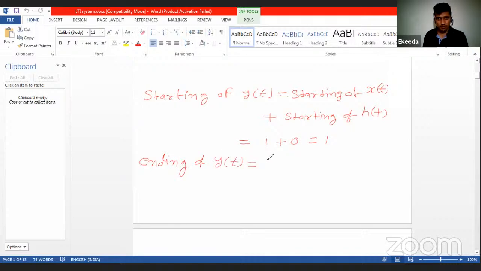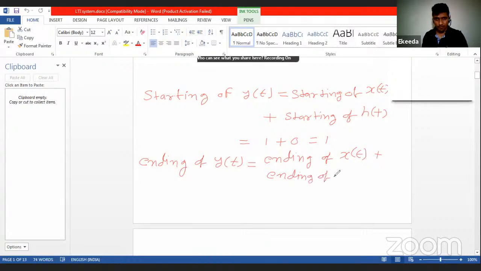ending of y(t) is equal to ending of x(t) plus ending of h(t).